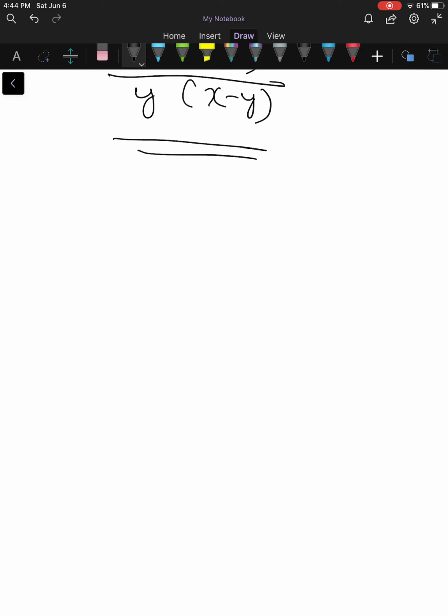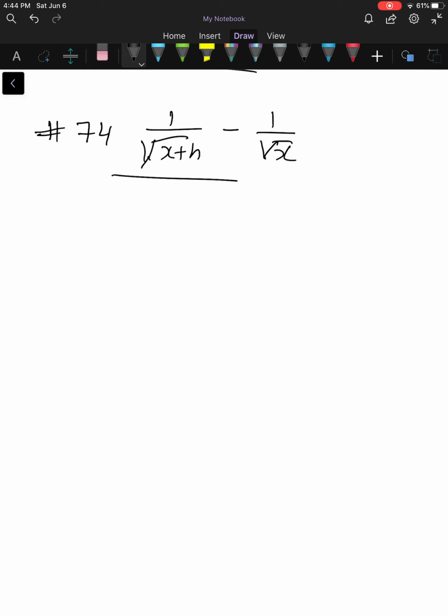Now let us simplify some more compound fractions. Basically your exercise problems. I had a little tough time solving it. Let us solve it. This is number 74. 1 over square root of x plus h minus 1 over square root of x, all over h. So this is nothing but, in the denominator it is h over 1.